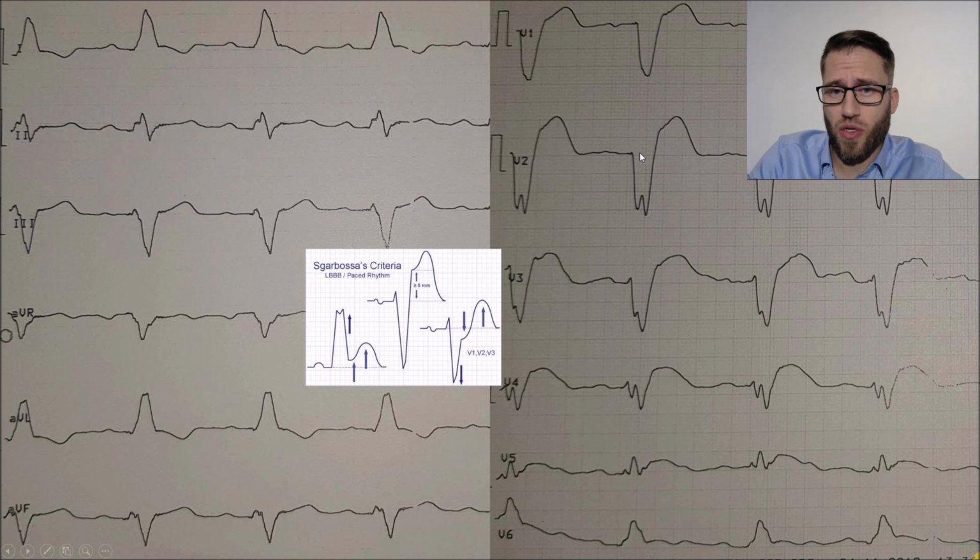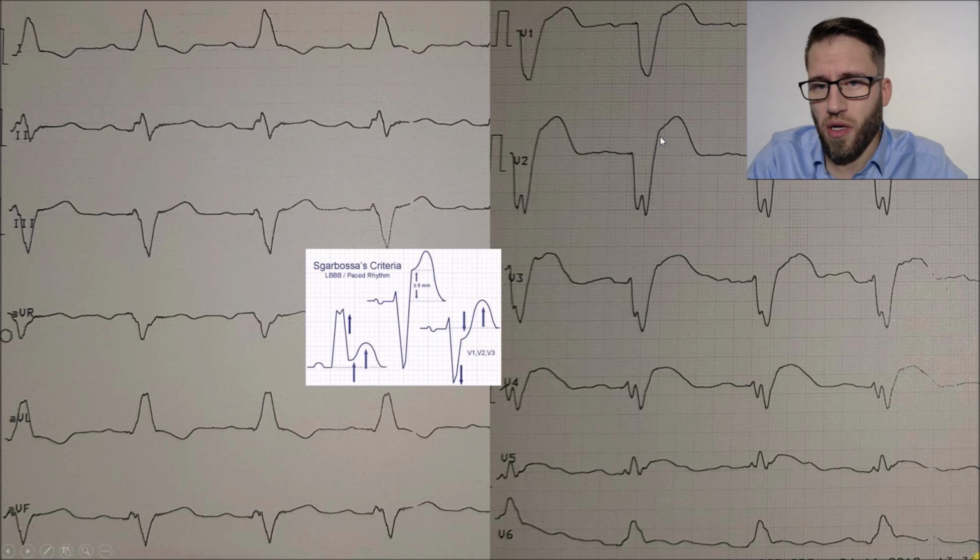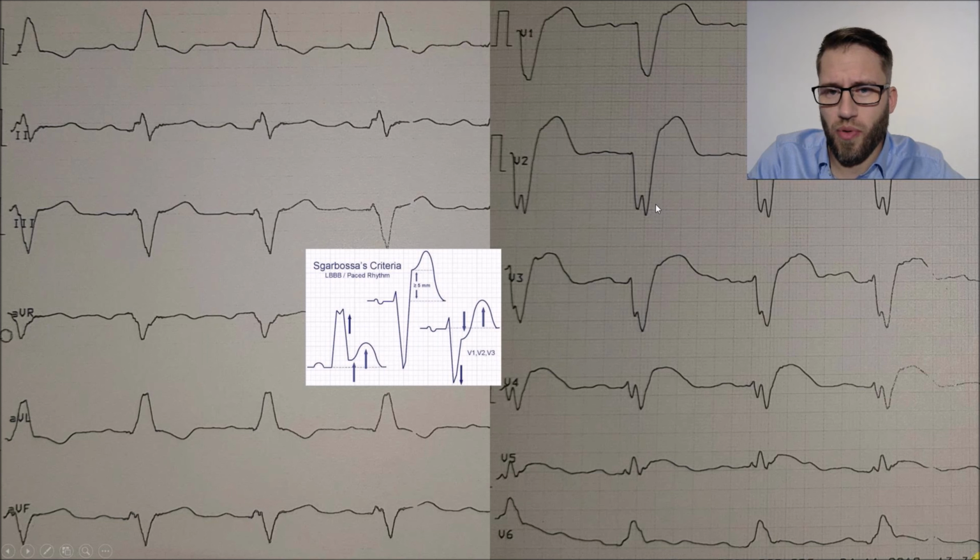We have an ST elevation of more than 5 millimeters, 0.5 millivolts, about 0.7. And we have about 1.6, 1.7 millivolts S wave depth, and that is more than 25%, more than 30% of ST elevation in contrast to the preceding S wave. So this one is a positive Sgarbossa criteria.